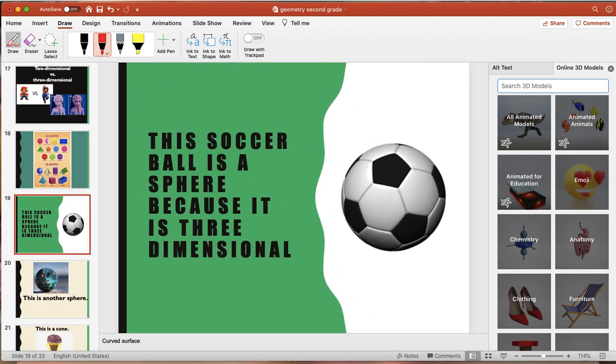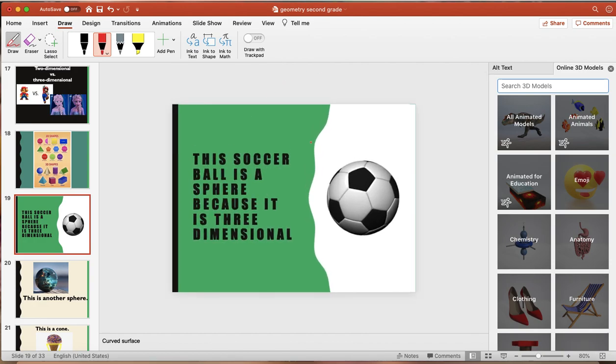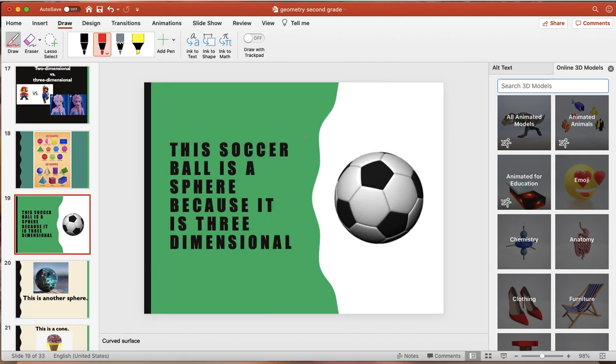Our first one is a sphere, just like how I just had stated in my last slide. A sphere looks like a circle, but it's not. A soccer ball is an example of a sphere. It's three-dimensional. A soccer ball, it's a real life object. It pops out at you. It's not flat like a piece of paper.